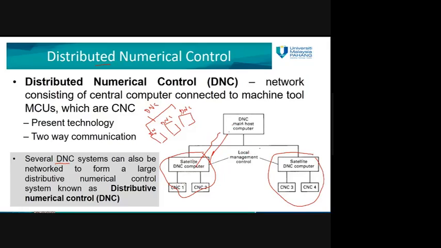Actually, because when you have only CNC, that means you are talking about one machine. This machine has a computer, and that's okay for a small workshop. But if you want to make it for a factory, in the factory you have several CNC machines. So it's not efficient to control each CNC machine locally from its computer.